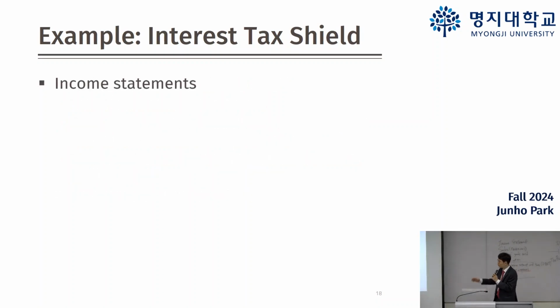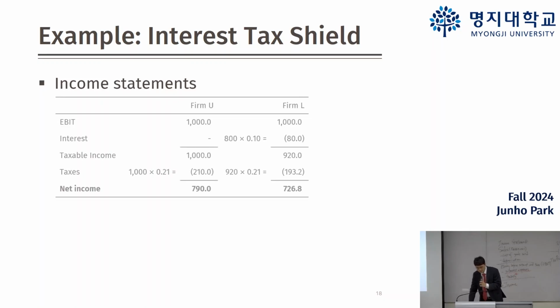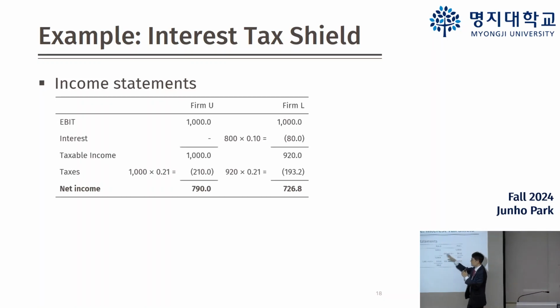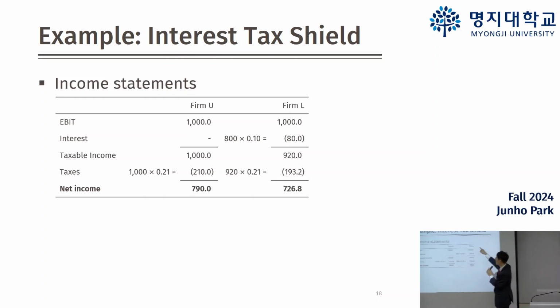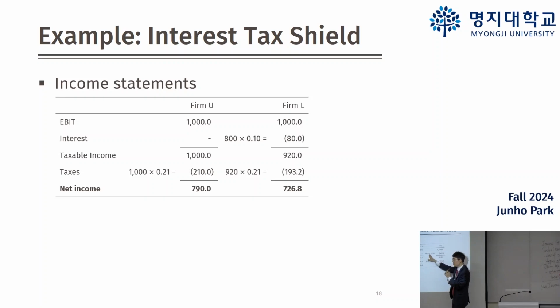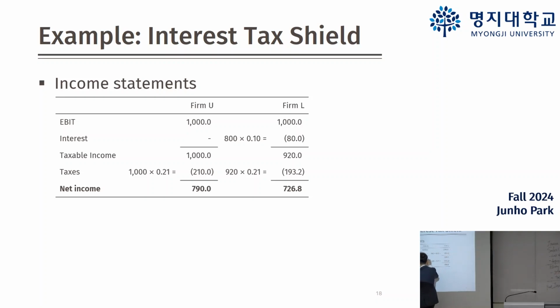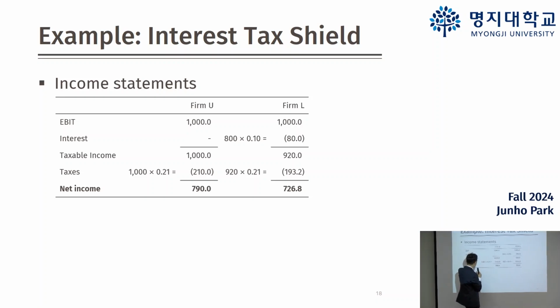Then let's draw their income statements. They have the same EBIT. However, firm U has no debt, therefore their interest is 0. On the other hand, firm L has bonds, which means they have to pay the coupons, so they have 80 in interest expenses. So their taxable income changes. Firm U's taxable income is still $1,000.